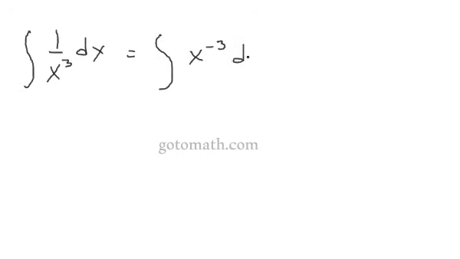All right, so we got the integral of 1 over x cubed dx, and we want to rewrite that as x raised to the negative 3 dx. And now we just add 1 to the exponent, so it becomes a negative 2. Wow, I almost forgot that. Over, and then we take the new negative 2, put it down in the denominator. Remember, don't forget the plus c there.